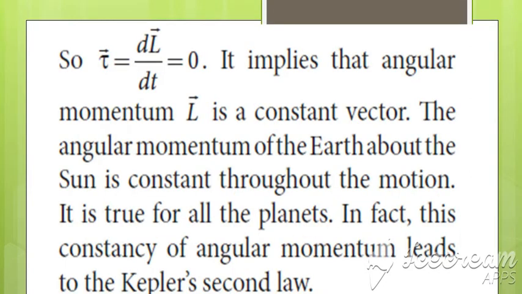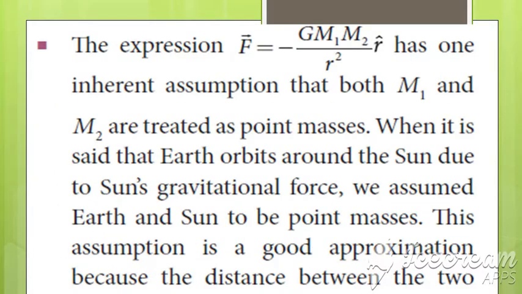So tau, which is equal to dL by dt, we know already from the law of conservation of momentum, is equal to 0. It implies that the angular momentum is a constant vector. So the angular momentum of the earth and the sun is always constant. This is true for all the planets, and the constancy of angular momentum leads to Kepler's second law. Clear?